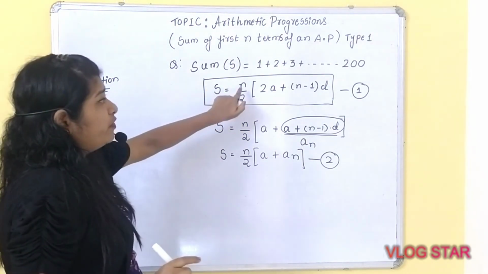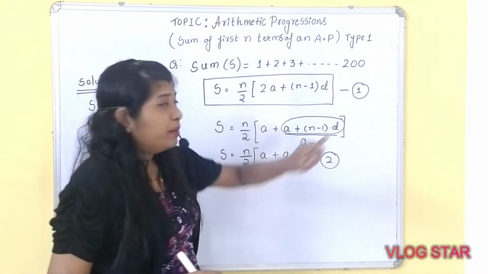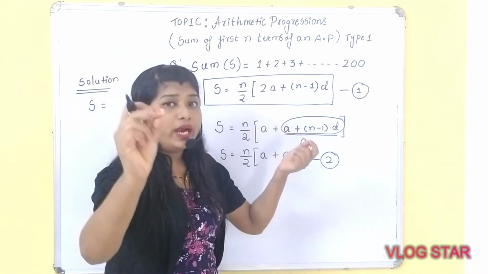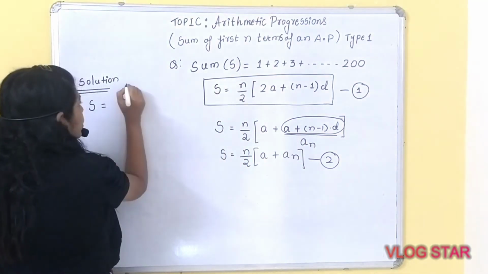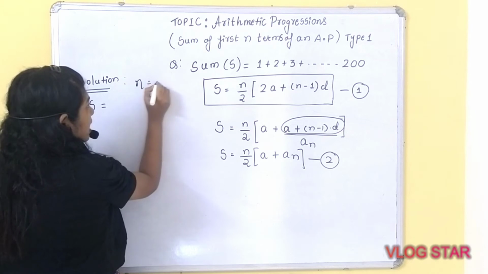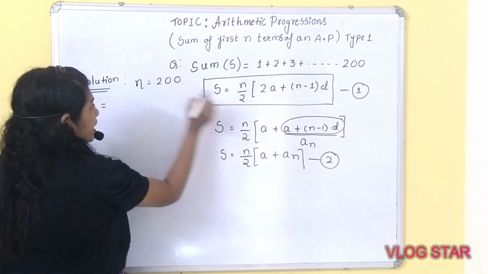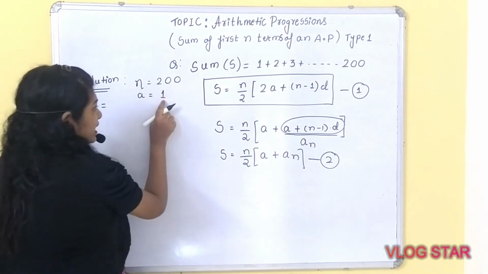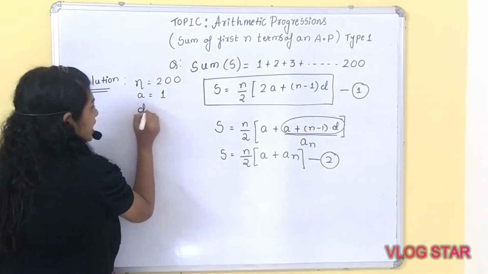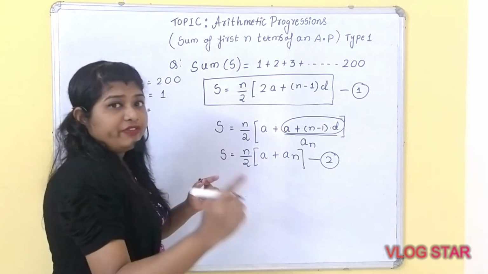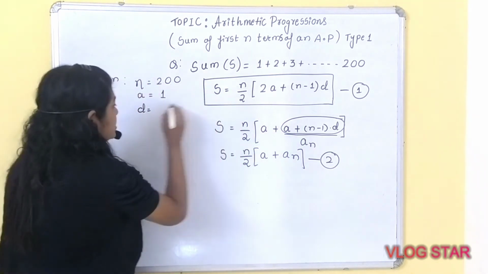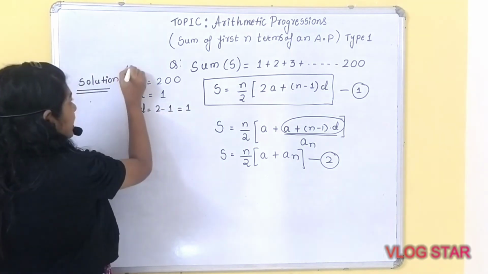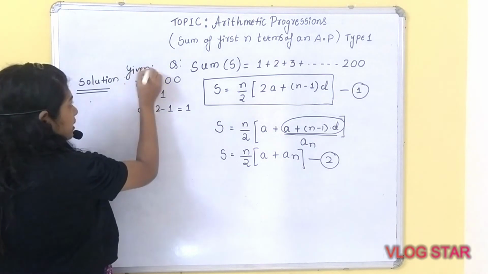What is the value of n we have to consider here? Because we need to find the sum from 1 till 200, n is 200. So write down the given data. n is equal to 200. What is the value of a? a is equal to the first term, that is 1. What is the value of d? d is the common difference between two consecutive numbers, so 2 minus 1, which is equal to 1. This is the given data.